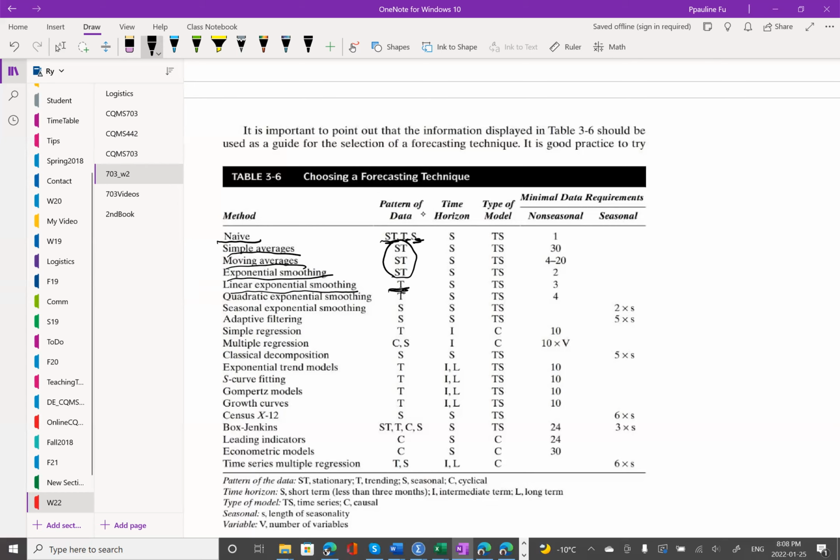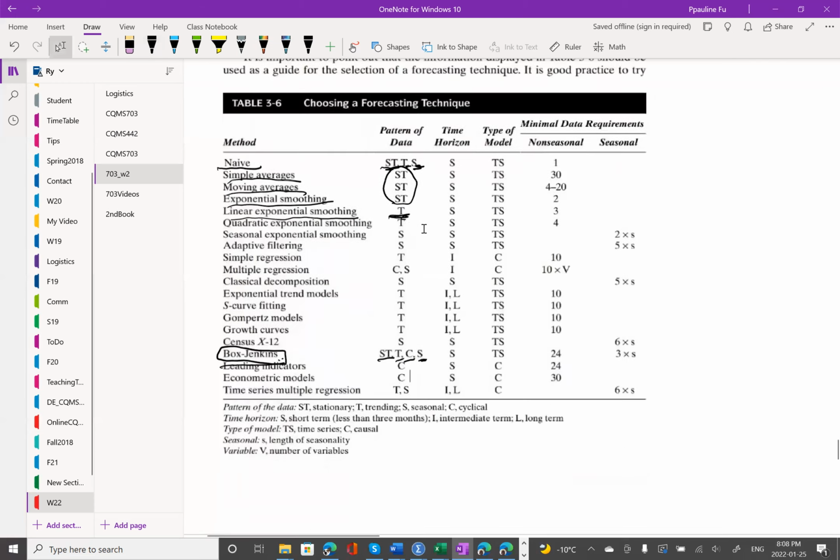You can use linear exponential smoothing, etc. The most famous method is actually Box-Jenkins, ARIMA, because this can apply to all sorts of data: stationary, trend, cyclical, and seasonal. So it applies to all the data. Any questions?